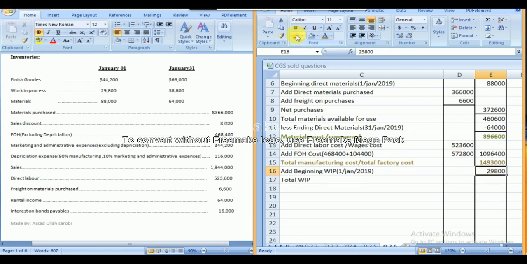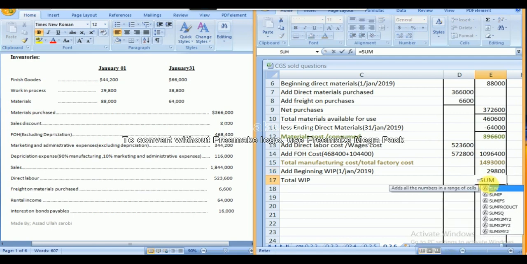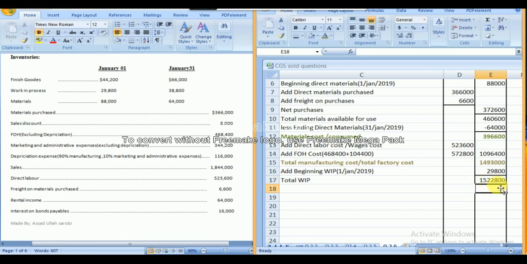The 14,93,000 of the current month and 29,800 of the previous month. So now we have the total work in process of 15,22,800. Today is the end of the month. January is going to be finished today.